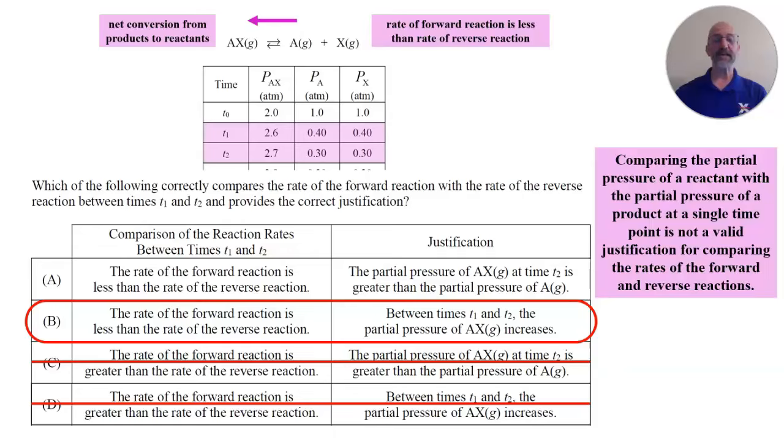So what we really need to focus on is the change in the partial pressure of the reactants and the products. We're not simply comparing two partial pressures at a single point in time. We're looking for the change over that time period. So the correct answer to question 3 is choice B.